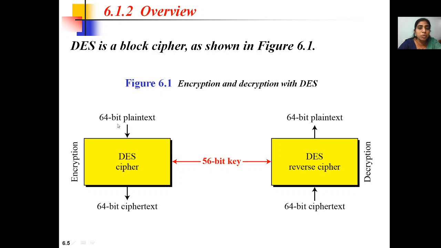When we encrypt our plain text with the algorithm, we get 64 bits as ciphertext. In reverse, when we take the ciphertext and apply the same 56-bit key, we achieve the plain text at the decryption end.